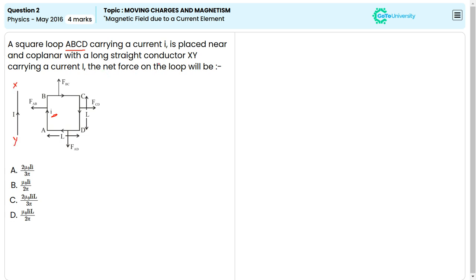What is the net force on the loop? We need to find that. The force on the arm AB due to the current in the conductor XY is F1.